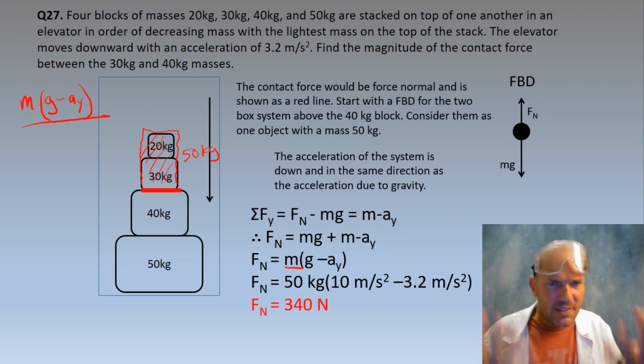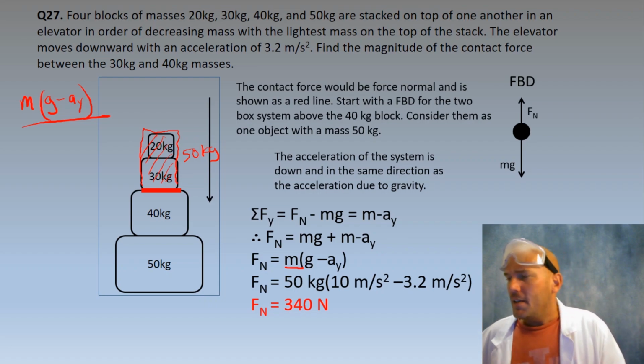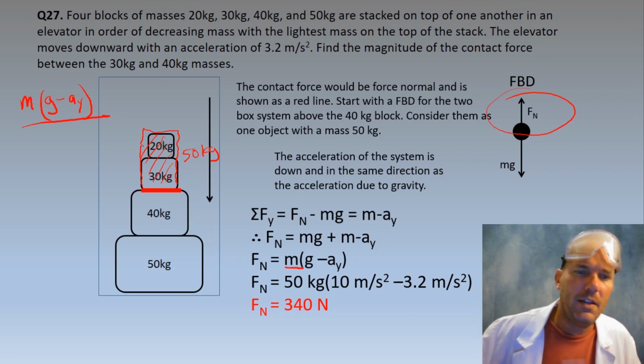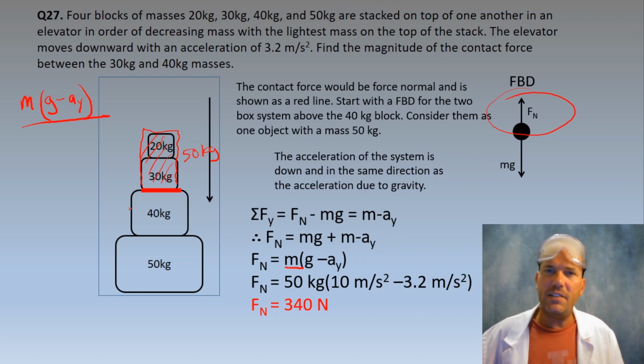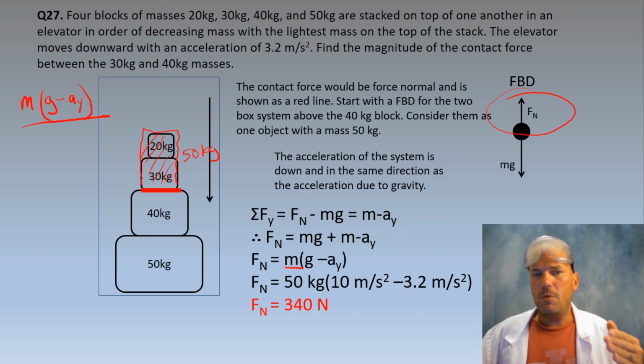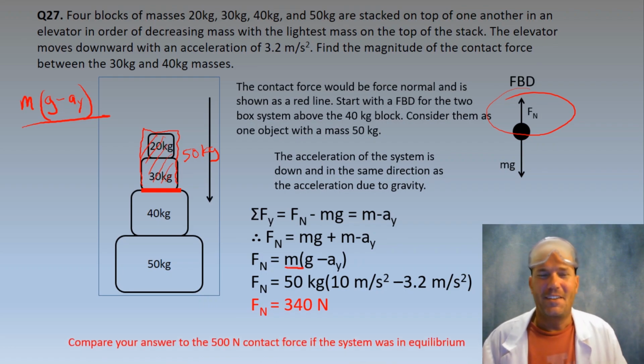But this system is experiencing a net external force, and therefore we have a force normal that is less than expected, just as we drew on our free body diagram. Again, if this were moving at a constant velocity, or if this were at rest, i.e. stationary, then the force normal would be 500 newtons, but it's less than that because it's accelerating downward.